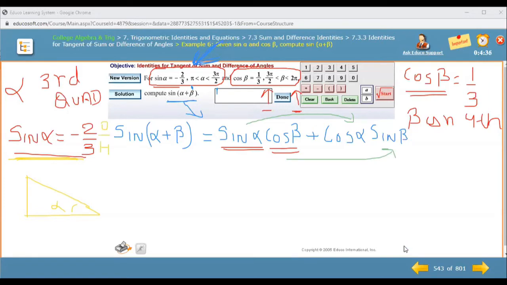So opposite is 2, hypotenuse is 3. I use the Pythagorean theorem to get this side. This side is adjacent. So 3 squared is 9, 9 minus 4 gives you radical 5. This side is radical 5. This is alpha. So from here, you can calculate cosine alpha.